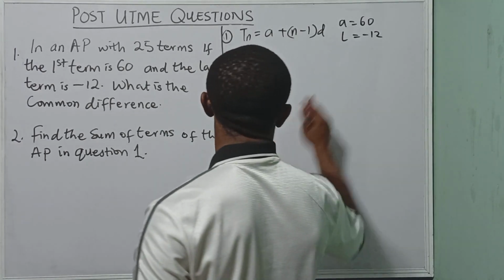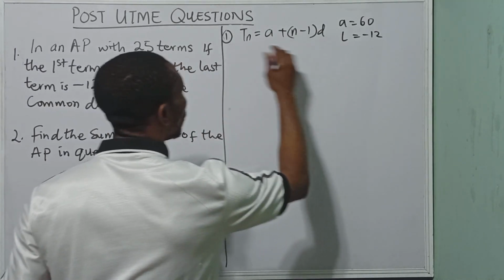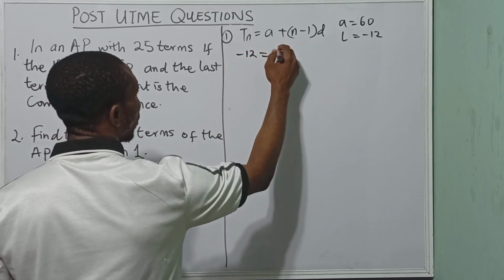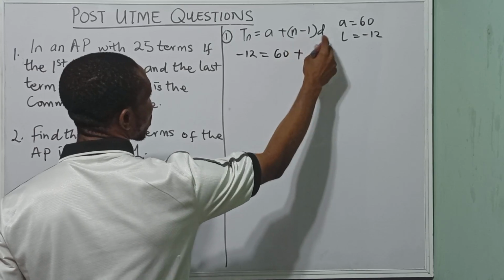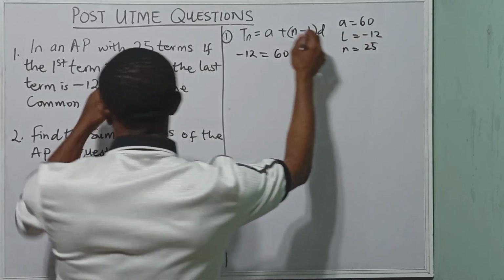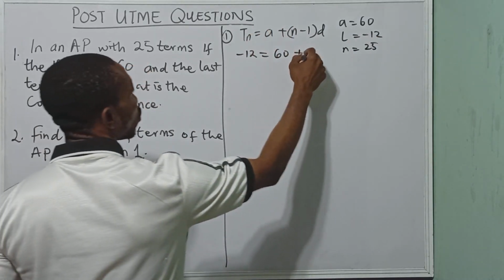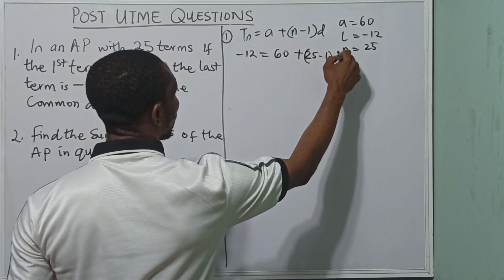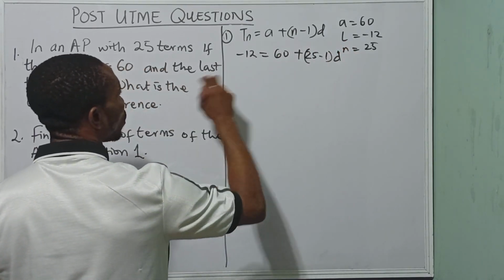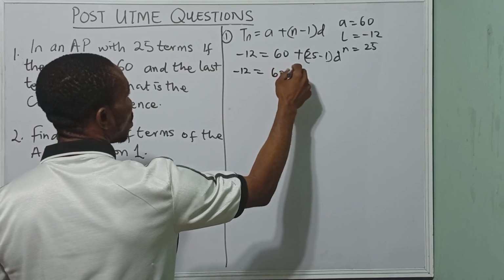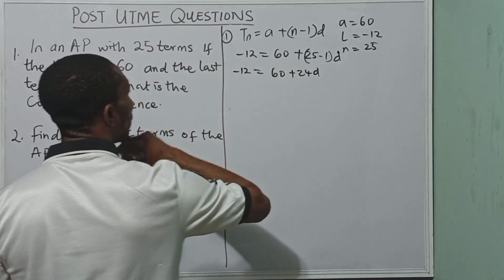So we replace our last term with minus 12 equals a, which is 60, plus n, which is 25, minus 1, times d, which we have to look for. So this gives us minus 12 equals 60 plus 24d.